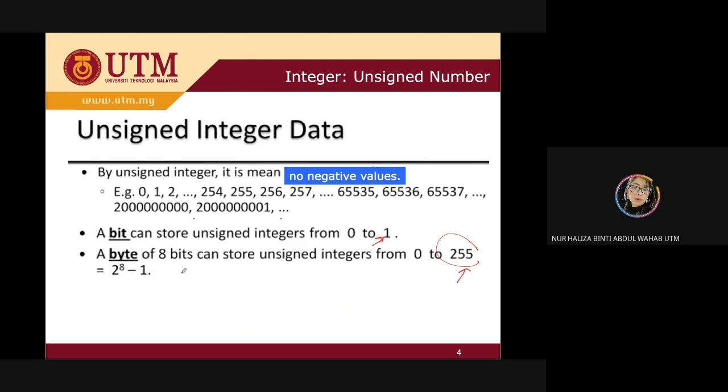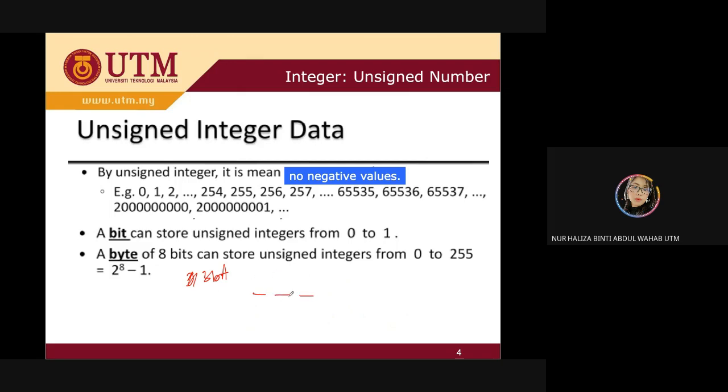Let's say you have 1 bit. Your maximum will be only 0 and 1, the possibilities. And if let's say you have 3 bits, you have only 3 places to put, isn't it?